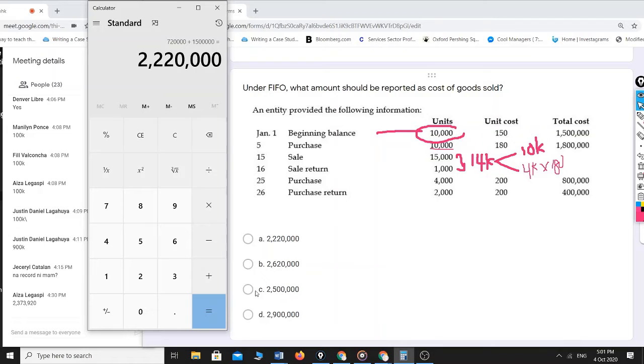So that is already the cost of goods sold. So katong 14,000 nga gibaligya, ang palit jud nato ato is 2,220,000. Okay? So that is the way to compute if ang gipangutana is the cost of goods sold.